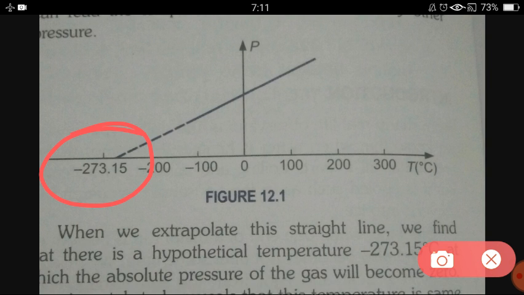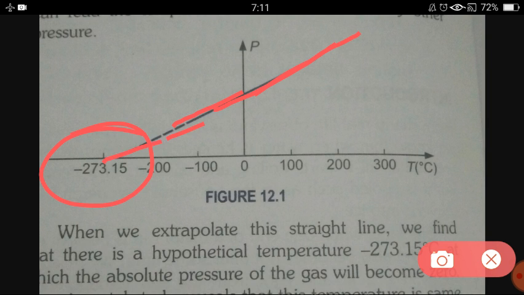I hope you all are understanding here that with increase in temperature, the pressure is also increasing. So we simply have assumed that if with increase in temperature pressure is increasing, then with decrease in temperature pressure should decrease also. That's why we have simply extrapolated the ray at the back side.